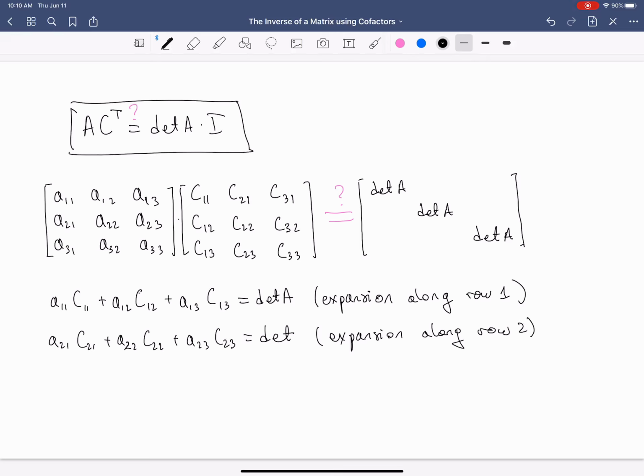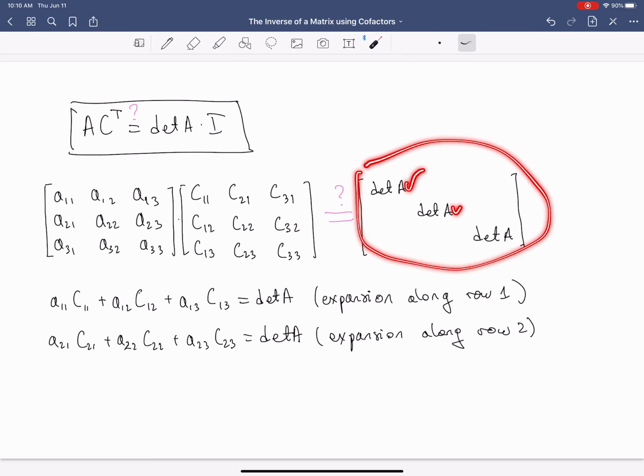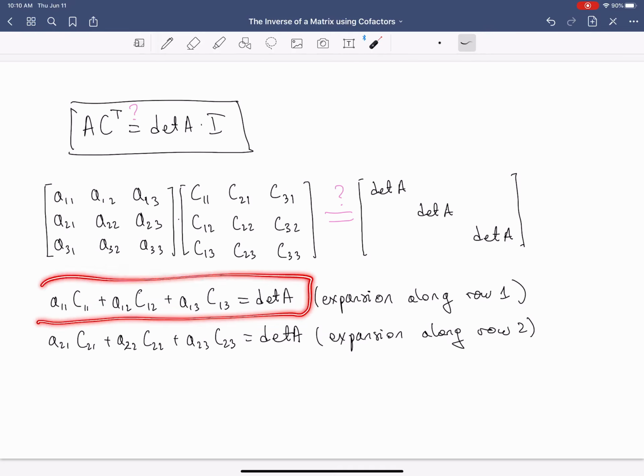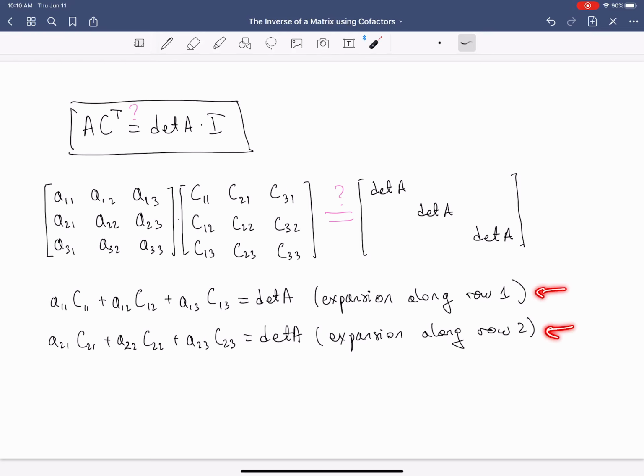So any one of them gives me the determinant of A, and similarly for the third row times the third column. So the diagonal terms of this right-hand side matrix are clear. We know that they're going to be the determinant of A because that's exactly what the cofactor formula gives us for the determinant of A. It simply says that we can expand along any row, and then that formula gives us the determinant.